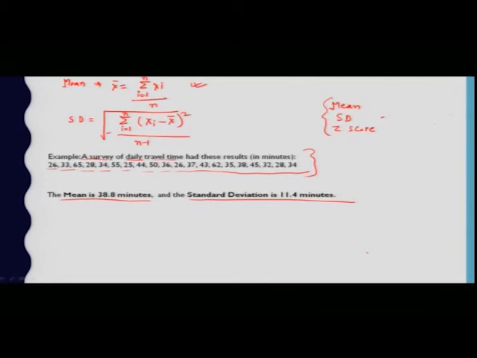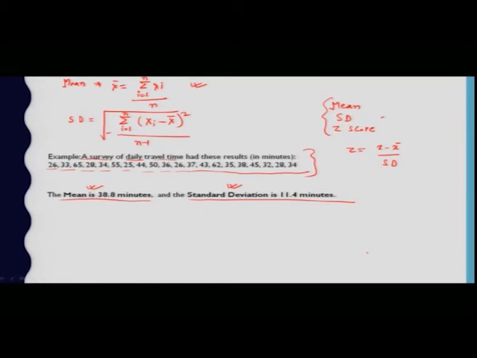So, with the help of these two formulas we can calculate the mean and standard deviation. Now, we have another formula to calculate the z score that we have learned. The z score is calculated with the help of x minus x bar upon standard deviation.